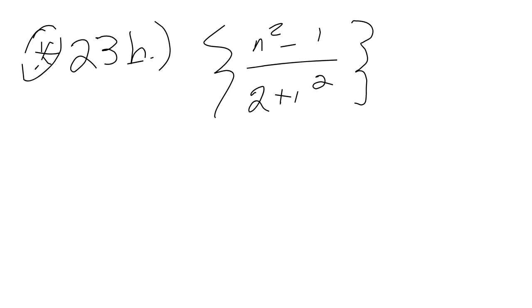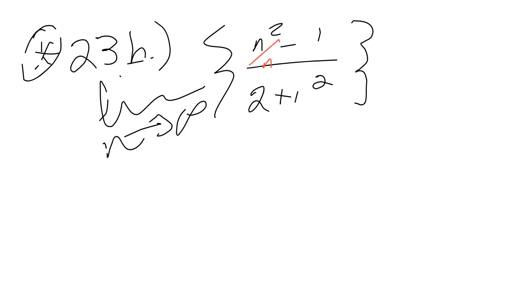Well, if I take the limit as n goes to infinity of this thing, I can do a similar deal where I divide top and bottom by n², which means I can divide each term by n². And then, of course, doing that, what happens?